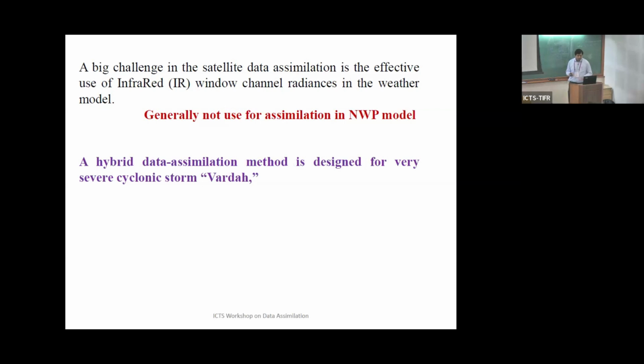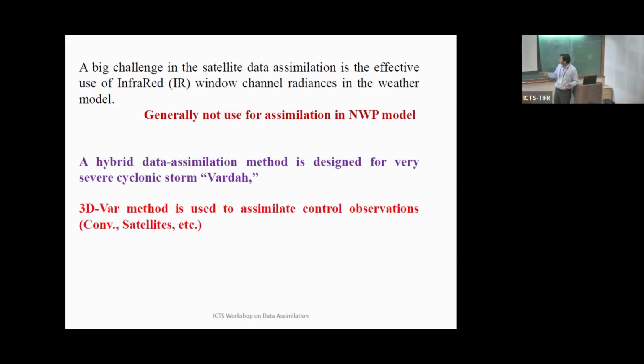For this, we use some kind of hybrid concept, because I already have a framework in which we assimilated the other, conventional and satellite measurements using the variational method or ensemble control. One framework is the one in which we use 3DVar. Here I use 3DVar for assimilating all kinds of conventional and satellite observations, so that whatever improvement there is in the experiment will be over the present state of the art.